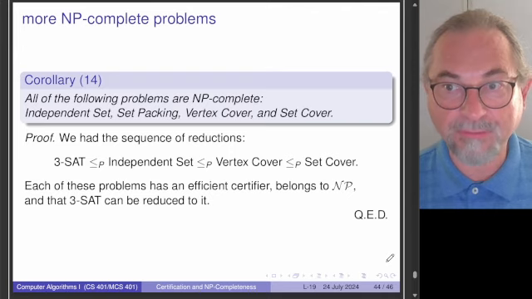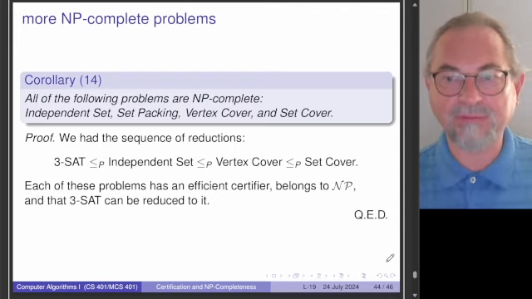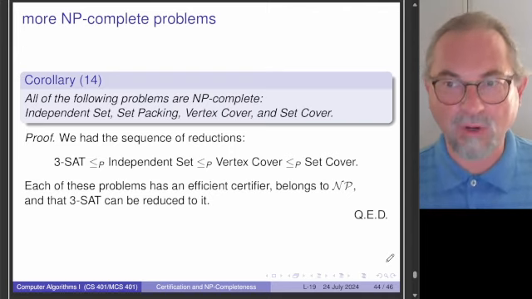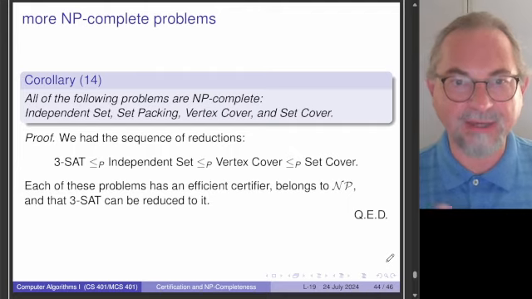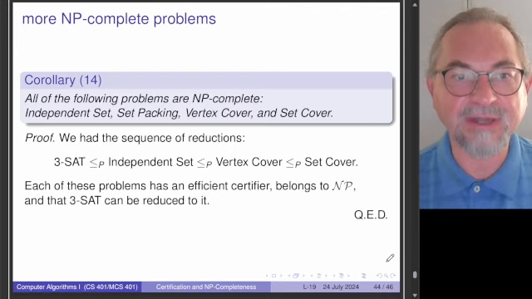So these are all problems for which we have an efficient certifier, but we do not know an efficient algorithm. So no matter how you think about designing efficient algorithms, if you can find one efficient algorithm for any of these problems, then they are all efficiently solvable.